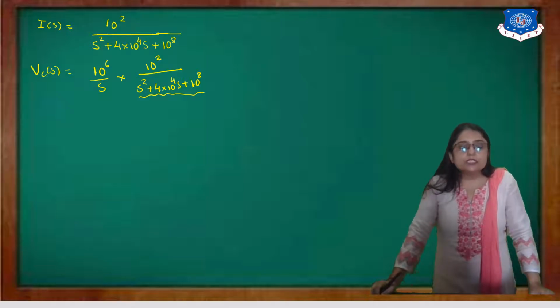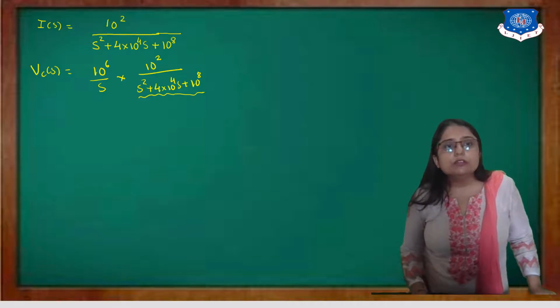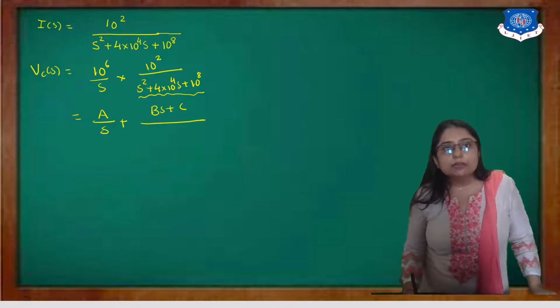After this step, if you want to use any method other than partial fraction, you can use that method to find the value of Vc of S. Here I am using the partial fraction. So what will happen? A divided by S plus BS plus C divided by S square plus 4 into 10 raised to 4S plus 10 raised to 8.